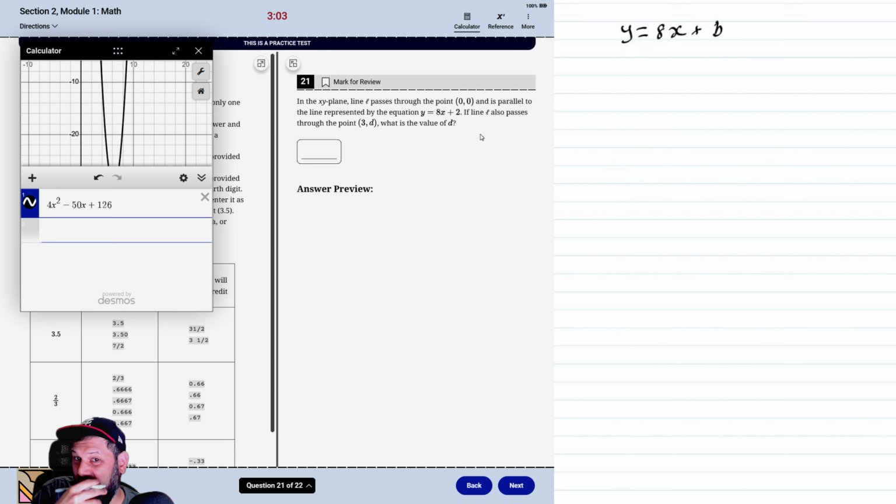Since line L passes through 0 comma 0, b is just going to be 0. So the equation of the line is going to be y equals 8x.